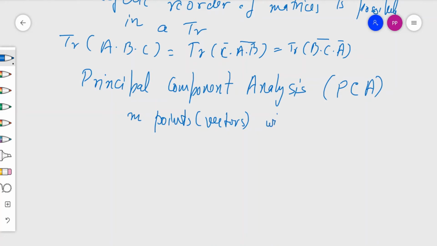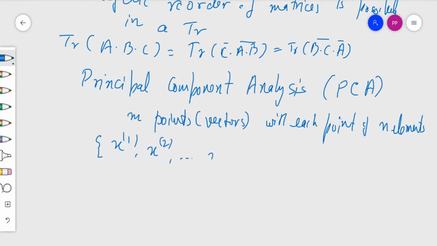That means I am taking m points together, x1 is a vector, x2 is a vector, up to xm. So these are m points together where x is an element of R power n. So each vector has n elements.